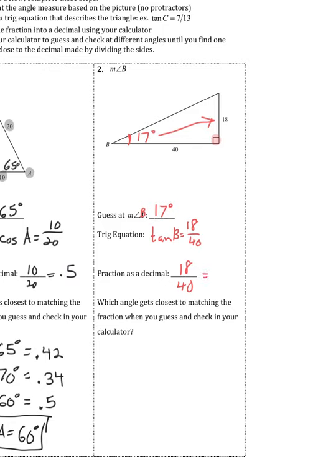That's going to be 0.45. And then we're going to figure out which angle gets the closest. So we're going to have to do some guessing and checking here. So start by calculating tangent of 45. Or I'm sorry, not tangent of 45, tangent of 17. All right, and we get 0.30.